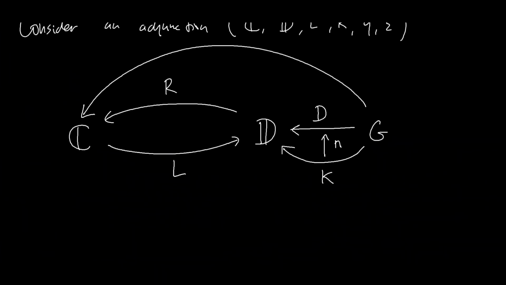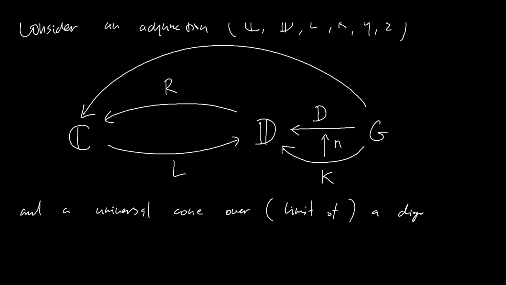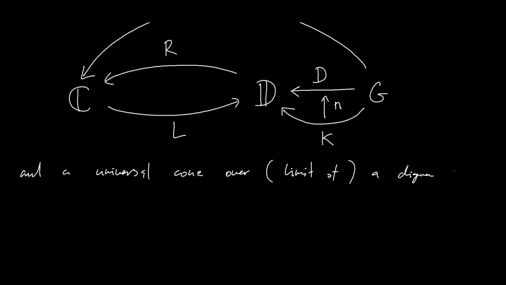And then I have the following theorem. Consider an adjunction and a universal cone, or in other words, a limit of a diagram in D, as shown above.